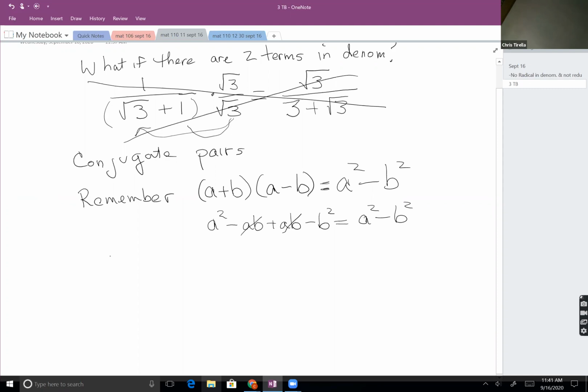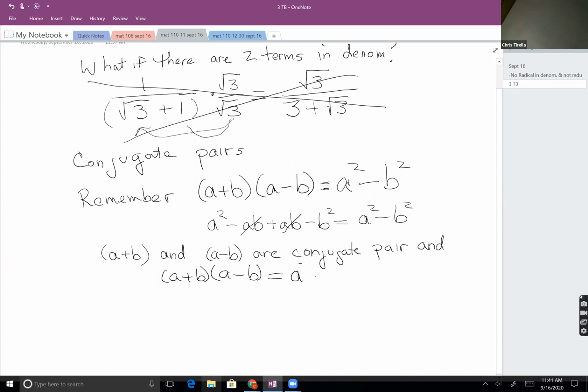So we're going to say that A plus B and A minus B are a conjugate pair. And their product, A plus B times A minus B, gives me the first one squared minus the second one squared.